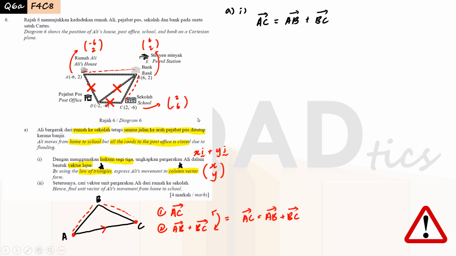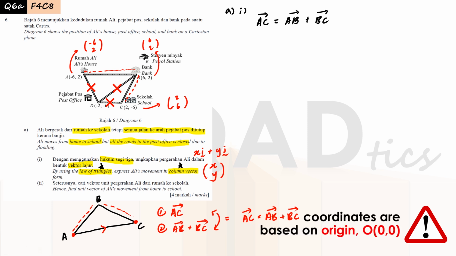You may be wondering, why can coordinates suddenly change to vectors? The reason is because these coordinates are actually based on the origin. The origin is the point on the xy axis, (0, 0).